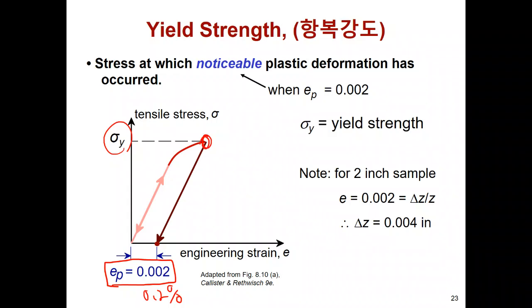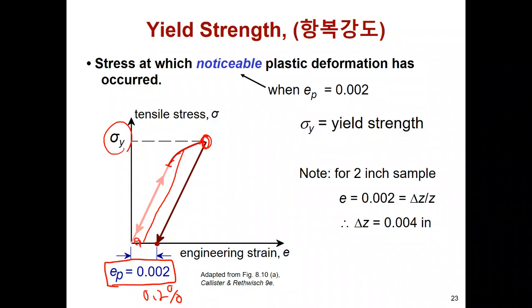Ideally, that value is the yield strength. It is because the solid metal will show plastic behavior anyway, but after unloading in these cases, the plastic strain is very small.